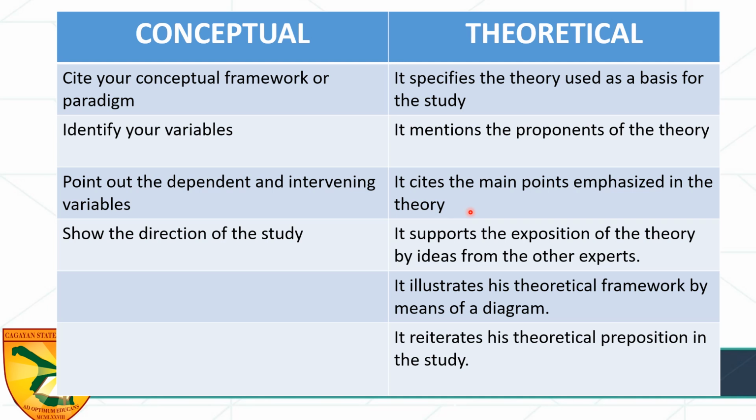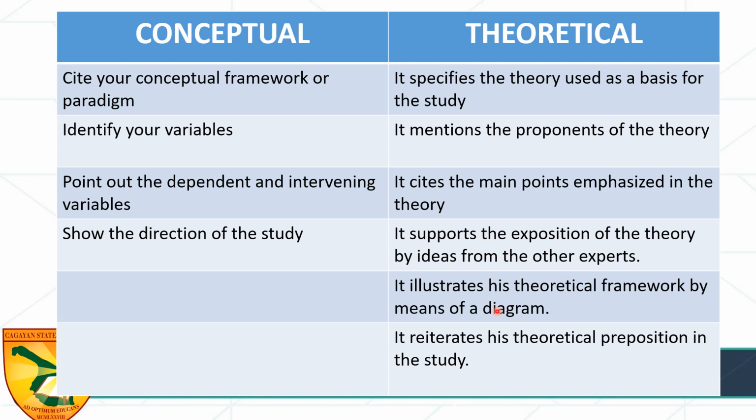In the example you have there, the theory states that the attitude, subjective norms, and perceived behavioral control altogether shape the individual's behavioral intentions and behaviors. And then you can add support to the exposition of the theory by ideas from other experts. You can also use other citations here which support what this theory says.